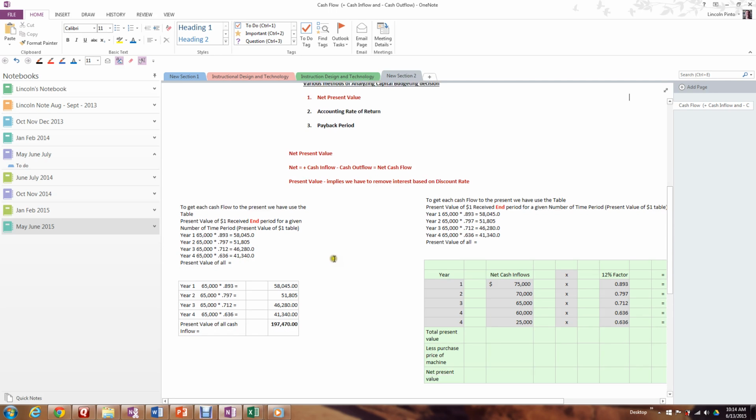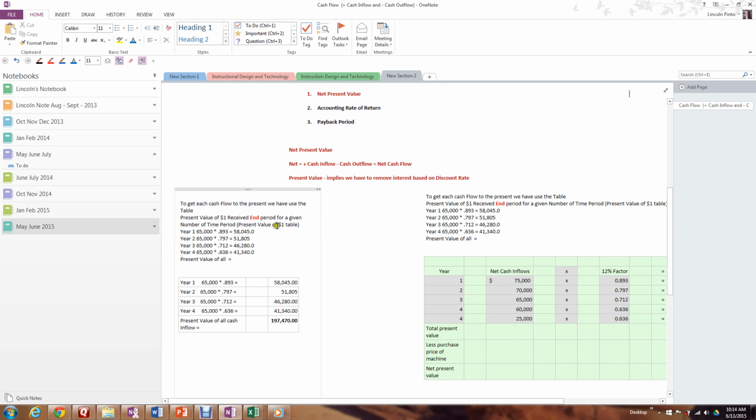How do we use the tables? Well, there are two sets of tables under the equal cash flow. One is the present value of $1 received at the end, and notice I've highlighted the word "end" in red to tell you that this is for only each period.